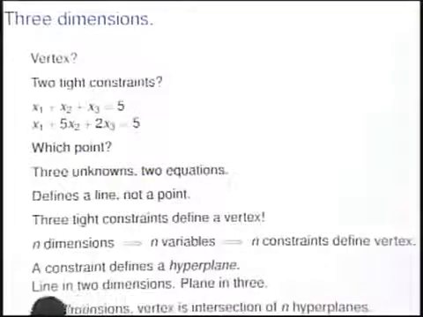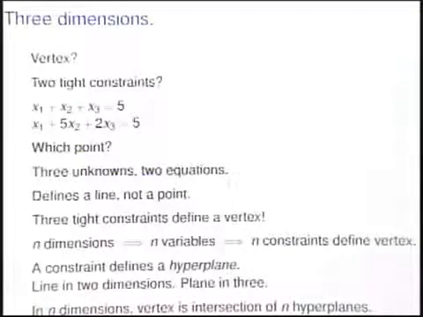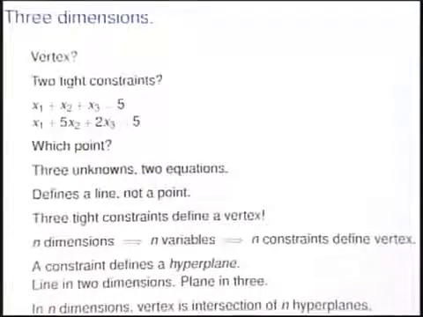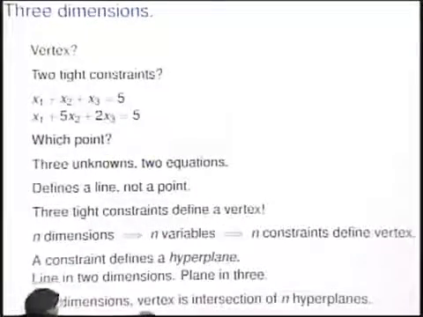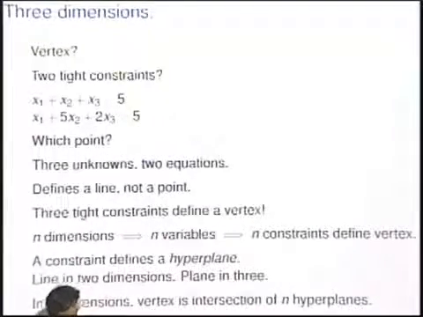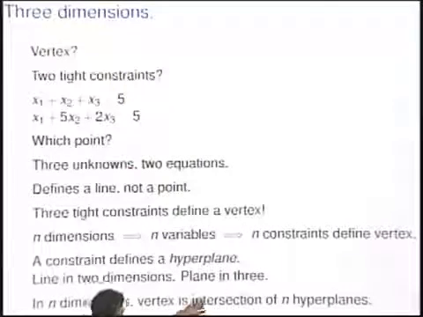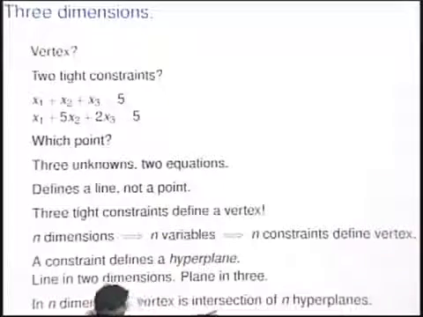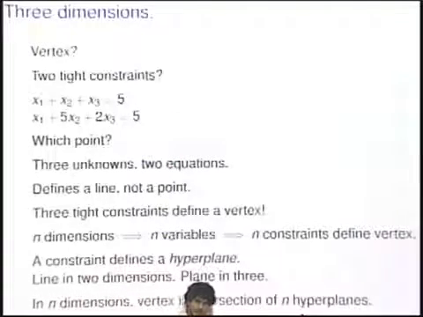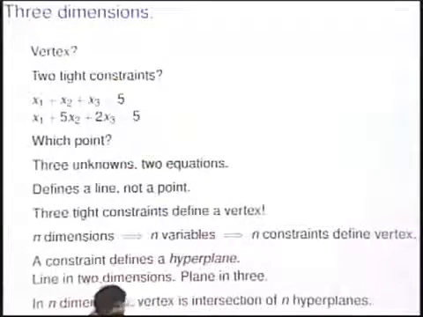And in n dimensions, it's called a hyperplane, but it's just a generalization of a plane. In n dimensions, the vertex is the intersection of n hyperplanes. So this is just another terminology. n constraints define a vertex, or n hyperplanes, and the definition of the hyperplanes comes from your constraints.